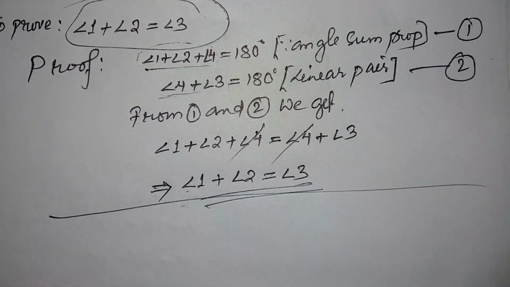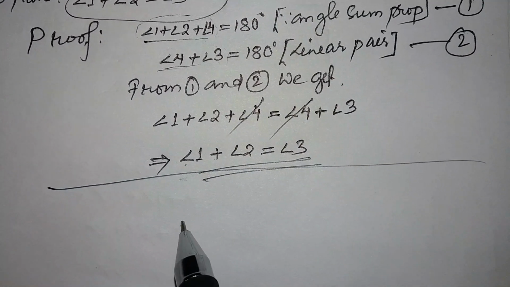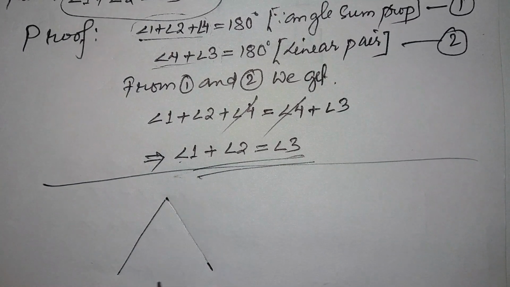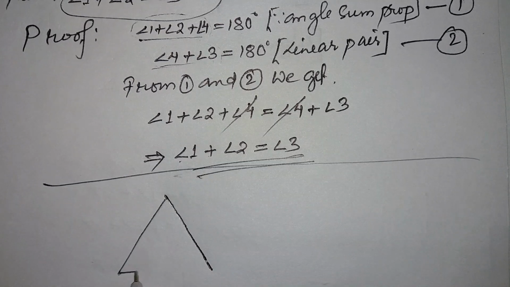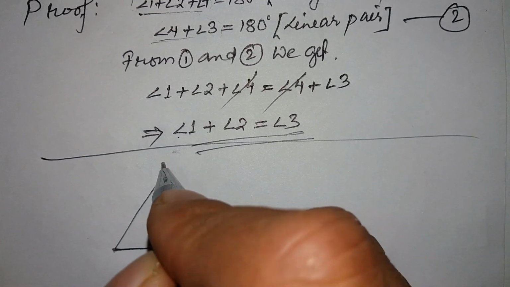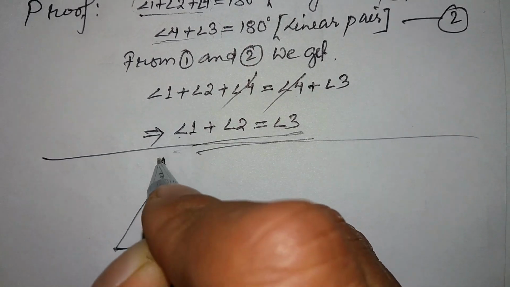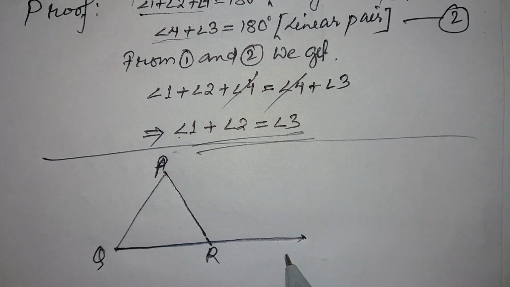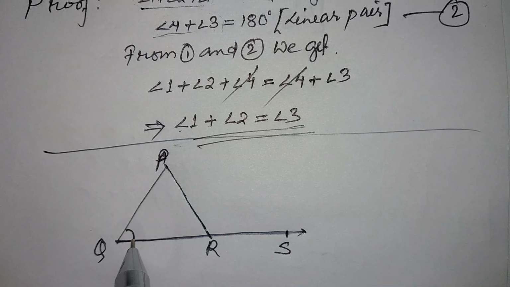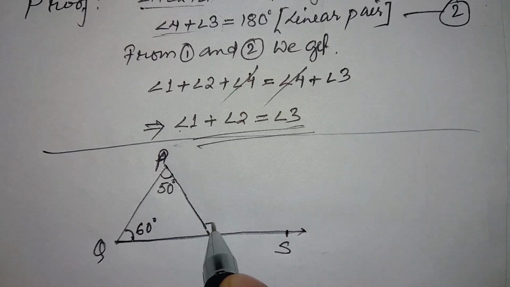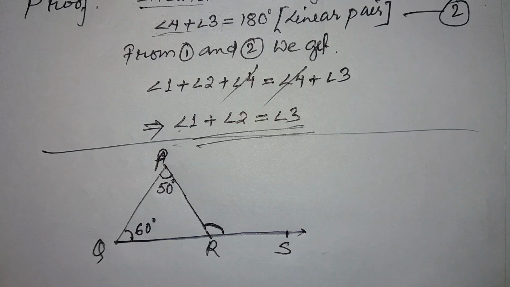Now before we go to the exercise, I will give you more explanation on this, so that you will remember this while doing the exercise. Here we have a triangle, let's say PQR, and we have extended this QR up to here, so let's call this S. If this is 60 and this one is 50, what must this one be?